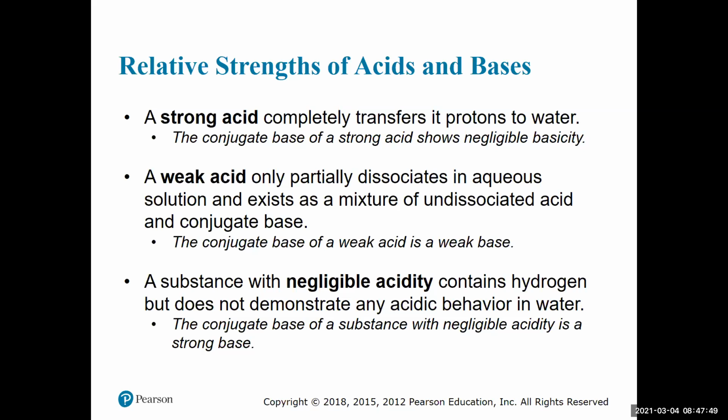We say something is a weak acid if it only partially dissociates. And what happens then, and this goes back to, once again, our equilibrium discussions, is if it's a weak acid, some of the material stays in that protonated acid form, and then some of the material is now in the conjugate base plus free hydronium ion.